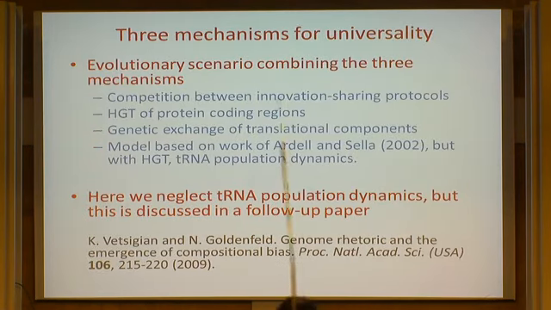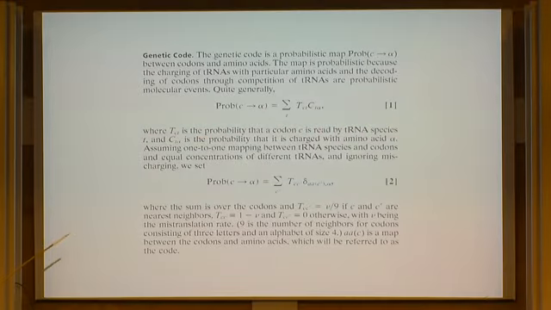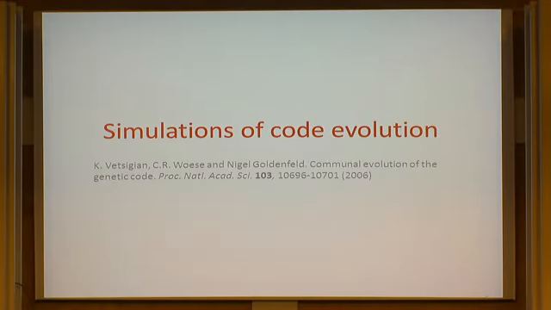Okay, so what we did was a calculation of digital life. We simulated organisms in a computer, and these organisms are like computer viruses, but a bit more sophisticated. These organisms have a genetic code, and that genetic code is used to translate an underlying genome.